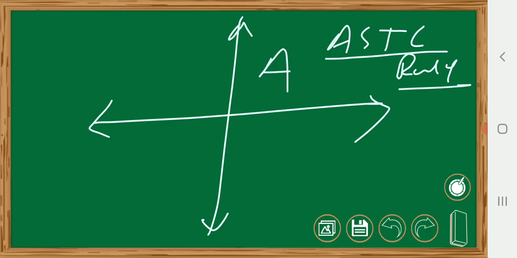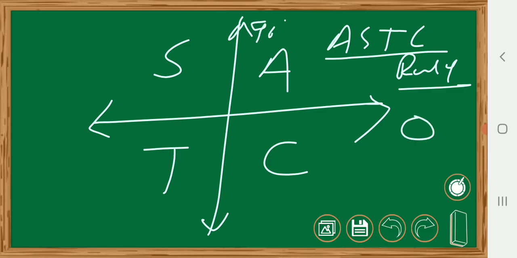First quadrant for A, second quadrant for S, third quadrant for T, and fourth quadrant for C. The first quadrant varies from 0 to 90, then 90 to 180, then 180 to 270 is the third quadrant, then again 360. This is a circular system, so you may write 360 here.